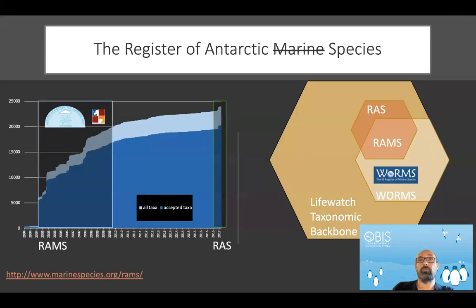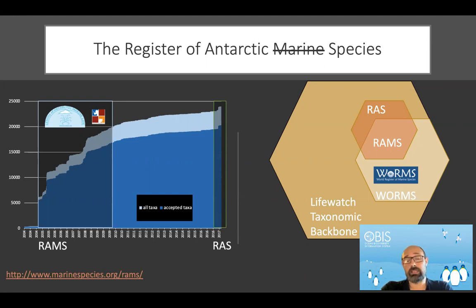A key part of what we do is using the Register of Antarctic Marine Species, or the Register of Antarctic Species now. At the start of the Census of Antarctic Marine Life, we were setting up a taxonomic backbone as part of the World Register of Marine Species, which was called RAMS.